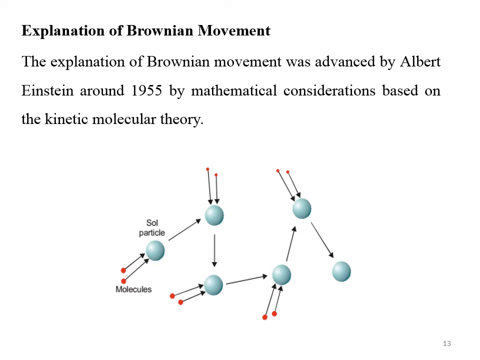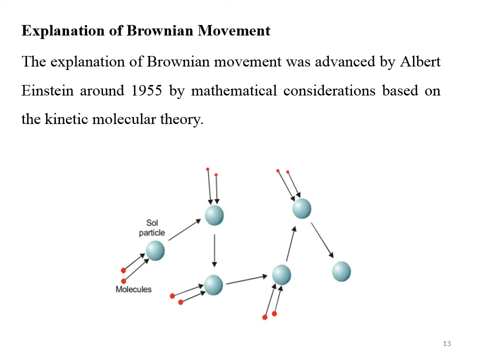The explanation of Brownian movement was advanced by Albert Einstein in 1905 by mathematical considerations based on the kinetic molecular theory. According to him, at any instant, a colloidal particle is being struck by several molecules of the dispersion medium.